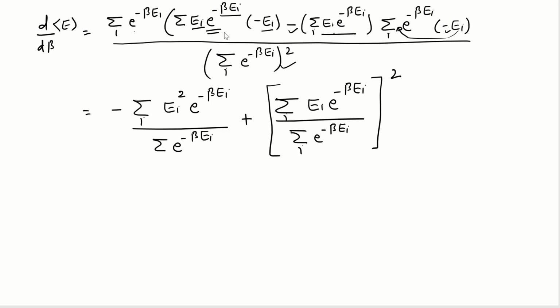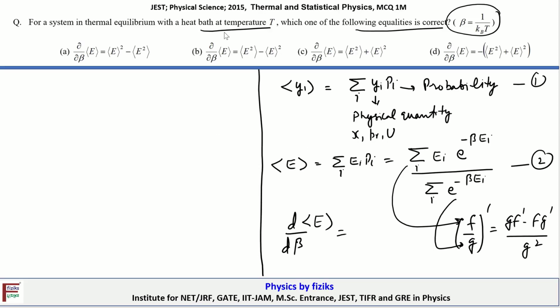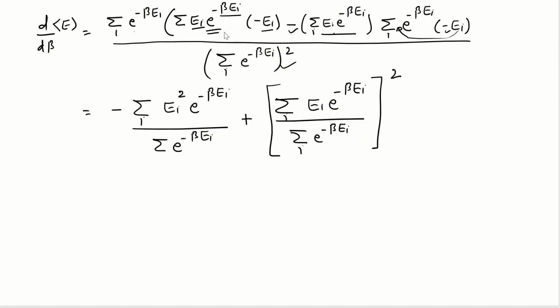So if we again make use of the definition of the average, this result I'm talking about, I can rewrite this. Here, instead of the physical quantity it's ei square, so I will write a negative sign outside and then average of E square.